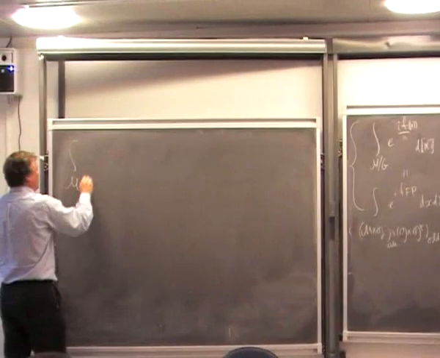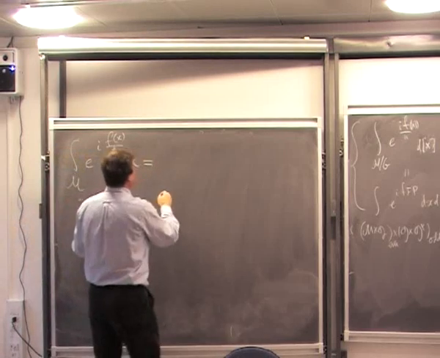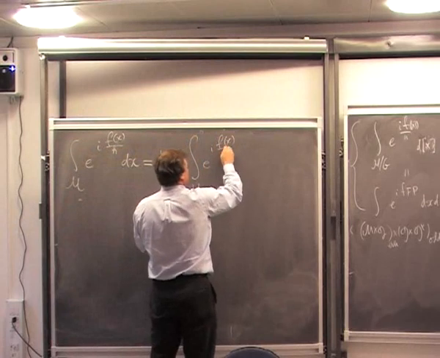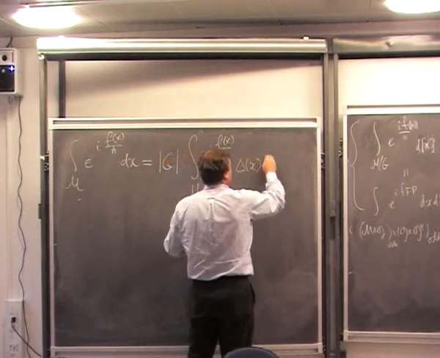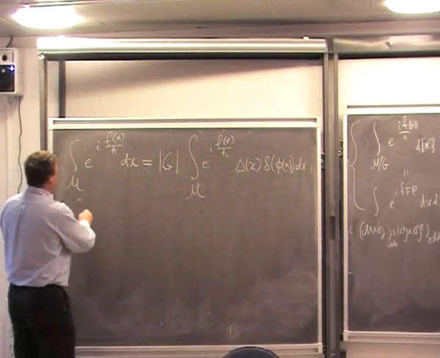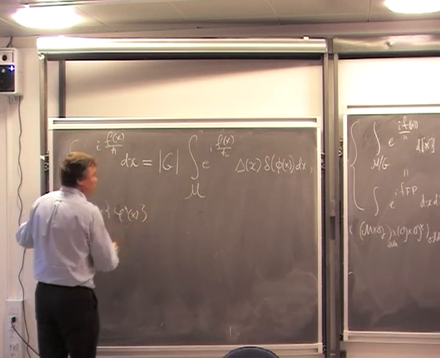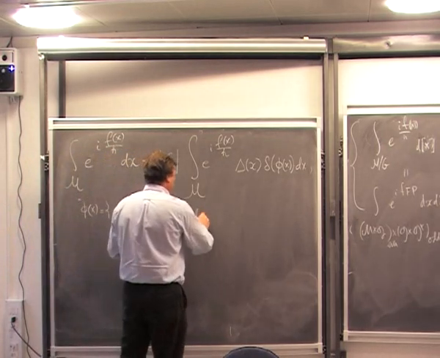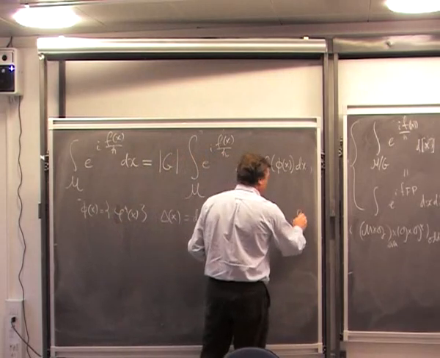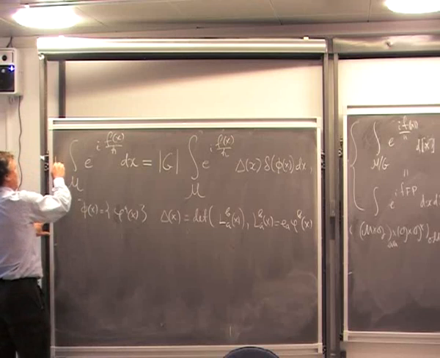What we want to prove is that the integral over M of f of x dx is equal to the integral over M of e to the i f of x over h, delta of phi of x, delta of x, dx, where phi of x is just the collection of these constraints, and delta of x is the determinant of L_AB of x, where L_AB is just e_A d_B phi of x. So that's the statement.